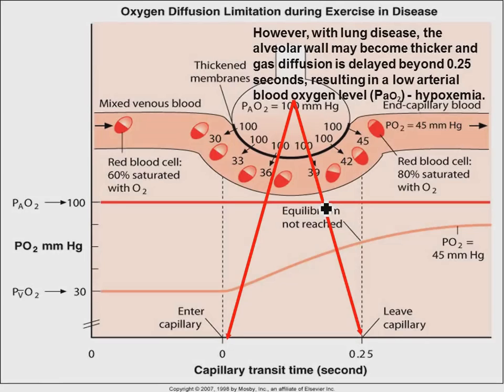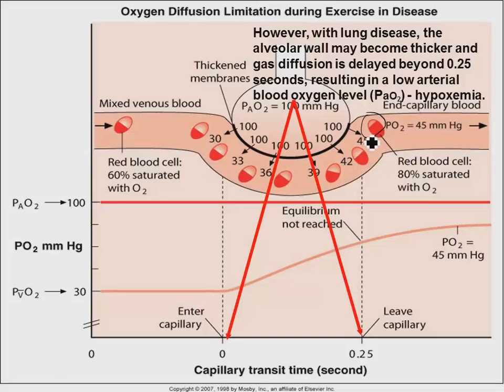There's multiple reasons why you would end up having this, but in this case, if my transit time becomes so low, the potential exists where this oxygen doesn't get across, doesn't get fully attached to the hemoglobin.